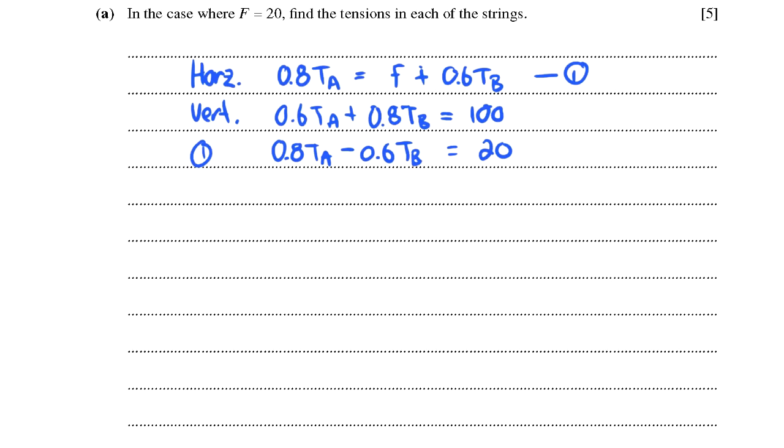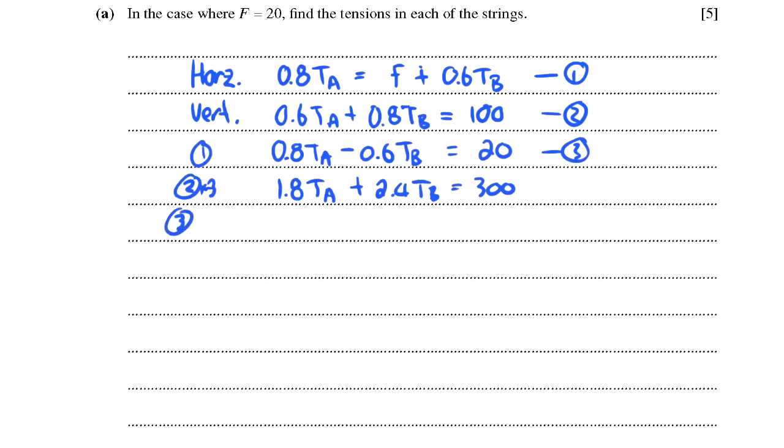And so let's multiply equation 2 by 3. And that will turn the 8 into 2.4. So 3 times 6 is 18, which is 1.8 TA plus 2.4 TB is equal to 3 times 100, which is of course 300. For the second one, let's call it equation 3.